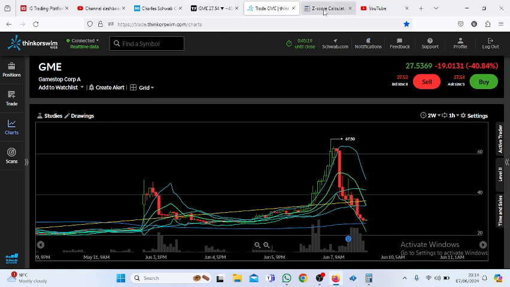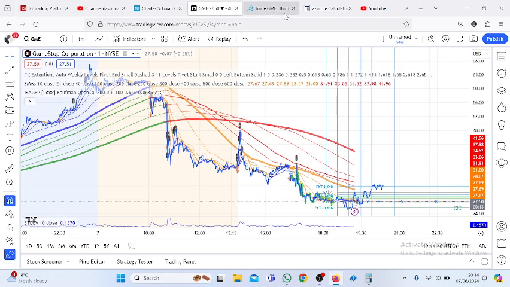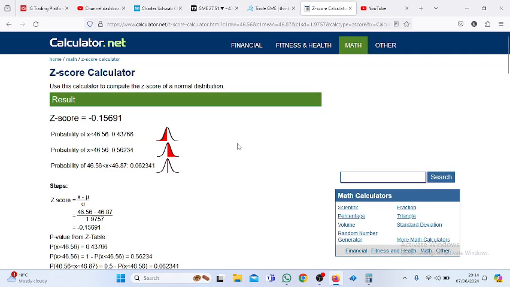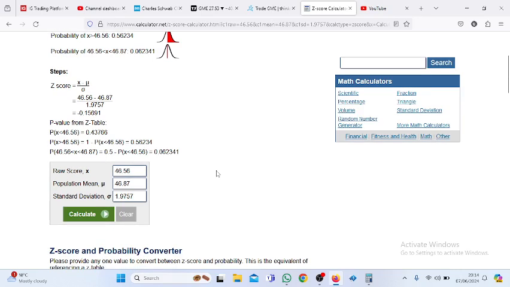What are the odds that we can get there? On the daily charts we have 46.56 as one of the rejections in the last few days. I think yesterday it was where it got rejected.